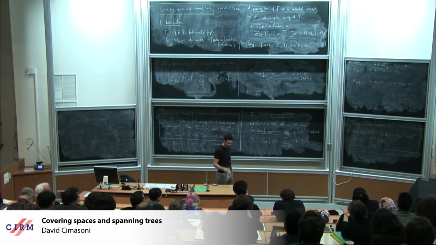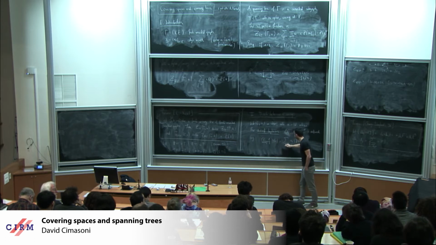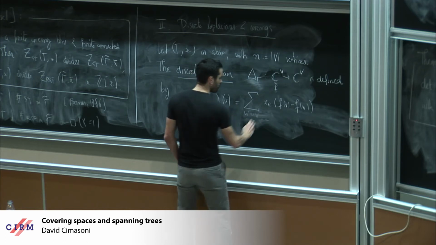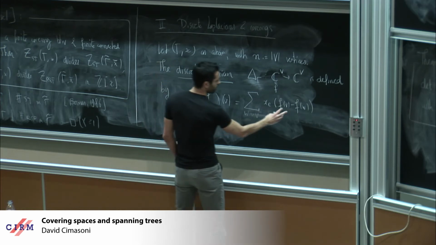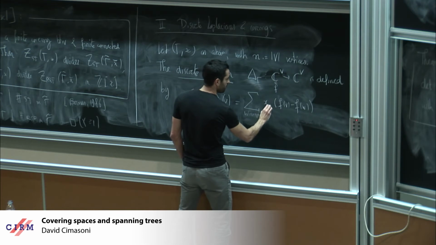But what is the set in the sum? Since this seems to be a little annoying, I'm just going to sum over all W that are adjacent to V, and instead of E I will write the edge VW.